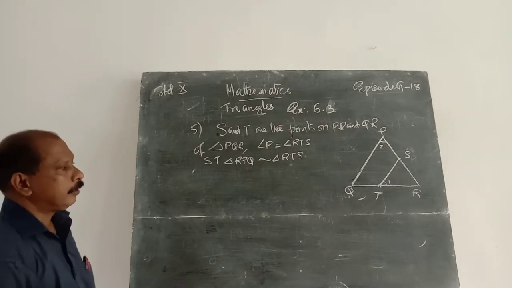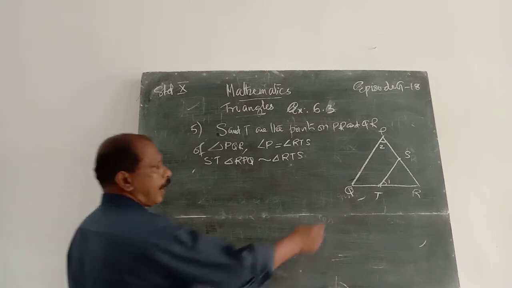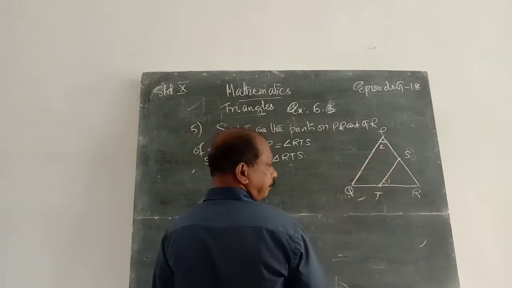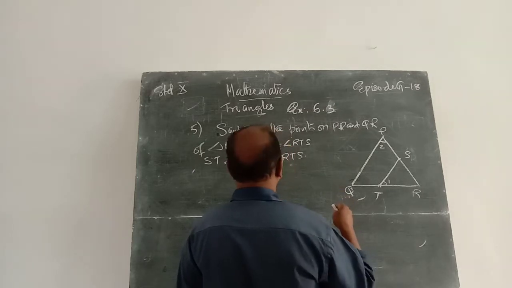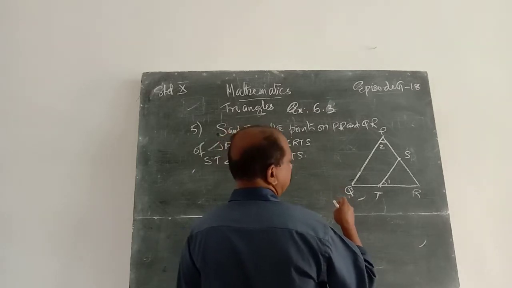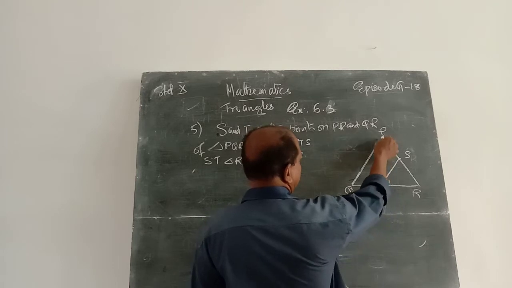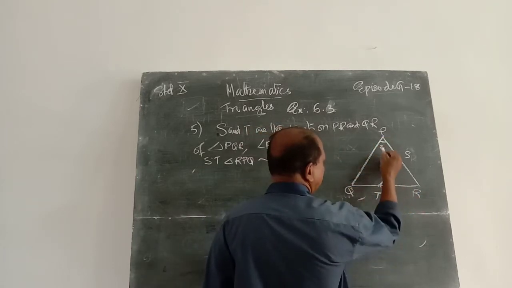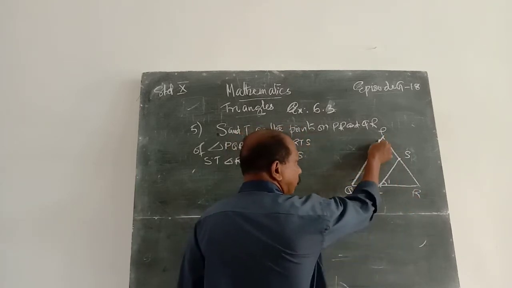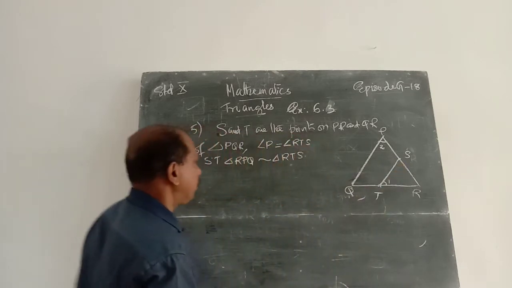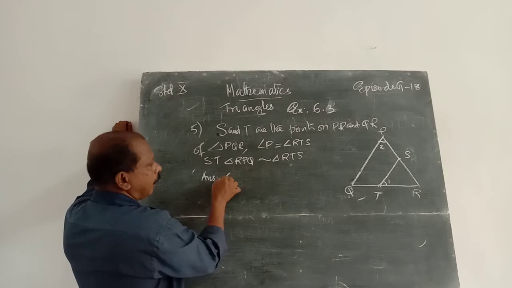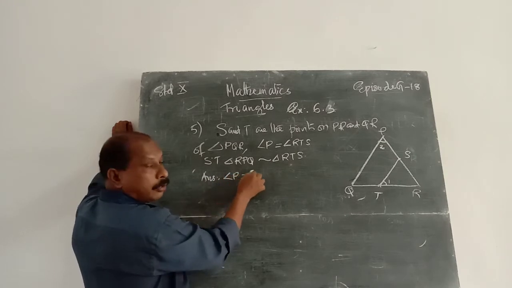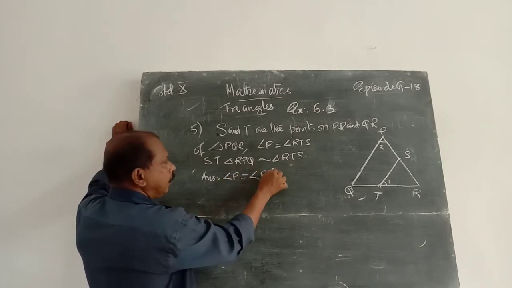These two angles are equal. Therefore, these two lines are parallel. The answer is: angle P is equal to angle RTS.